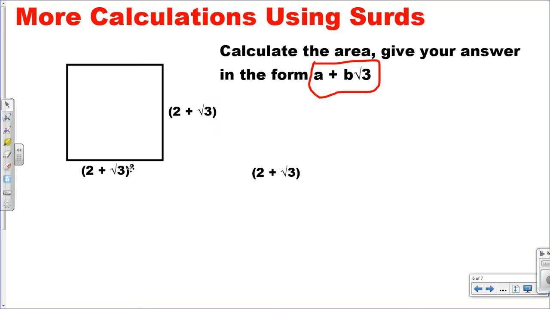Let's take this out. It's not correct. So it's that times that. Okay, so we know from expanding brackets that when you times the two together, we need to use the smiley face method. Now the smiley face method would give us the following answer. 2 times 2 is 4.